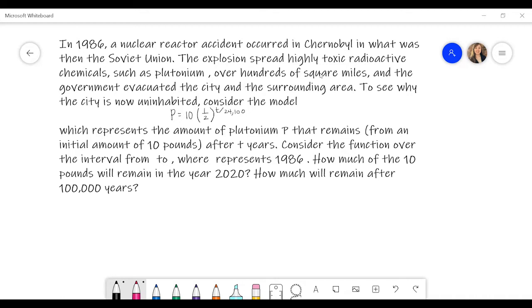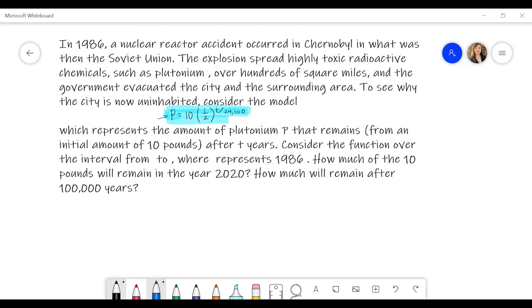So this model that they're using, this formula, we see it right here in the middle: P is equal to 10 times 1/2 to the power T over 24,100. It's a pretty massive exponent, but that's okay. It represents the amount of plutonium, P, so notice that's your value right here, that is still there from an initial 10-pound quantity after T years.